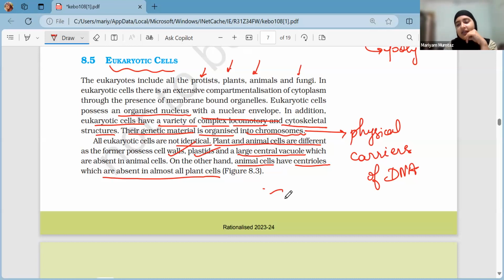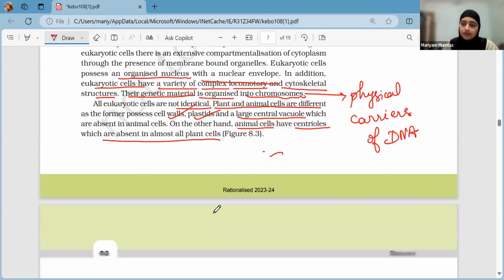Centrioles are present in animals and plants both, or in just animals? Only in animals. Clear? Okay, all right, this much is clear.